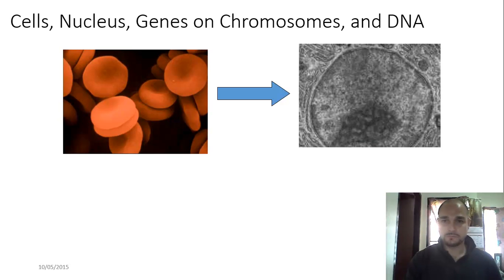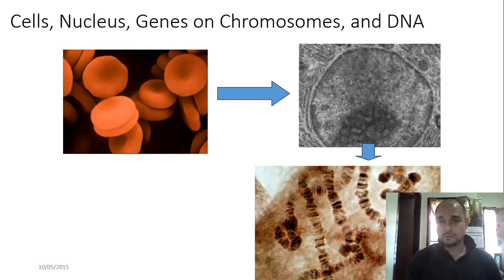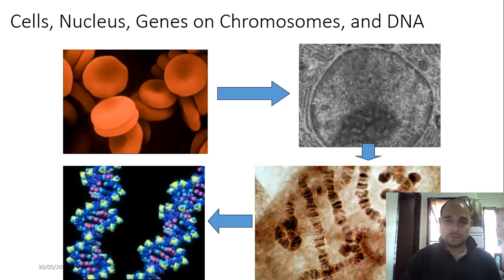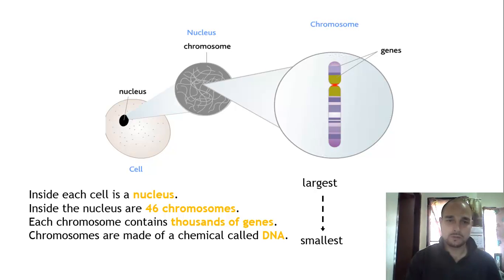Nucleus, nuclei. Inside of the nucleus are the chromosomes, and each chromosome has thousands of genes for those different features. And genes are made from a compound called DNA, deoxyribonucleic acid, DNA for short.